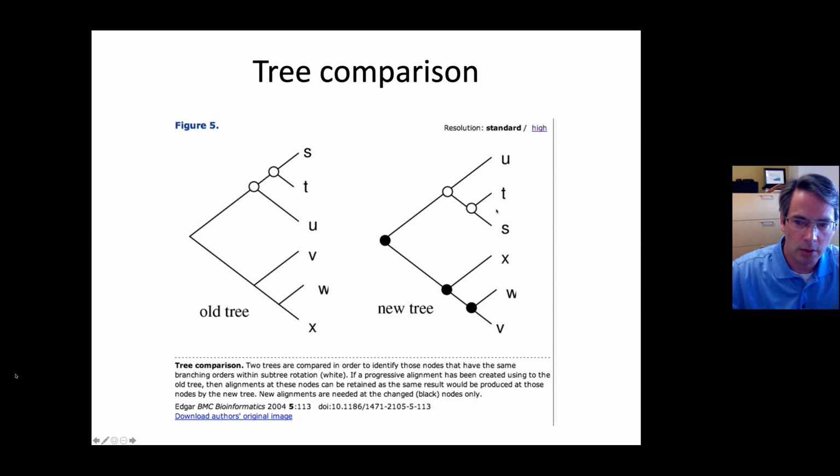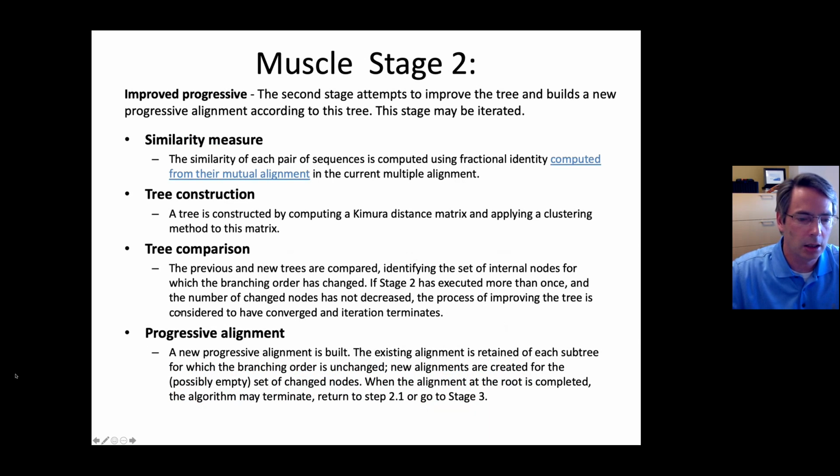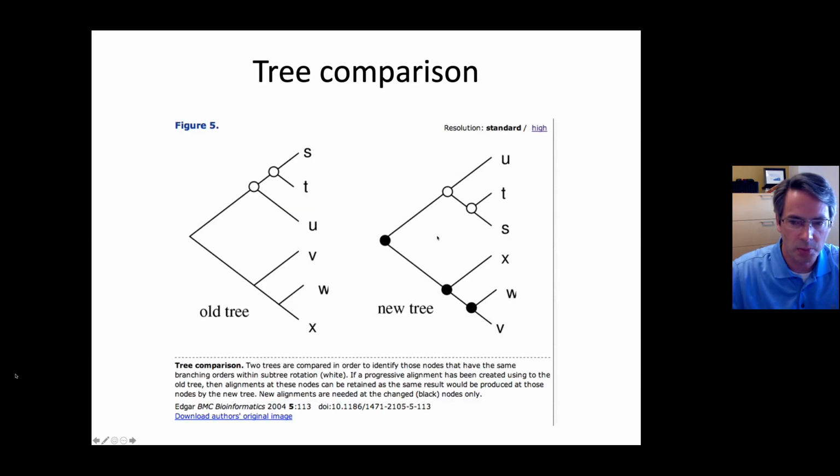Right? Because if you redid this alignment, it should come out the same because the order of pairwise combinations is the same, but down here it changed, so your alignment is going to change. And then the last thing is use that new guide tree where you did not have consistency, right? So this part, you're going to redo a progressive alignment only on the inconsistent parts of the tree.